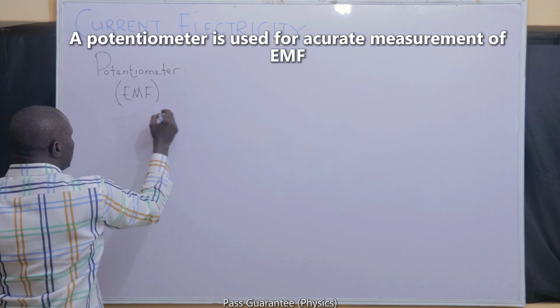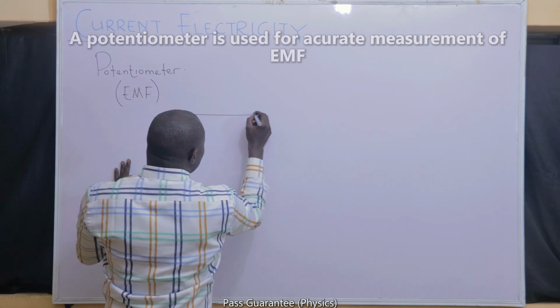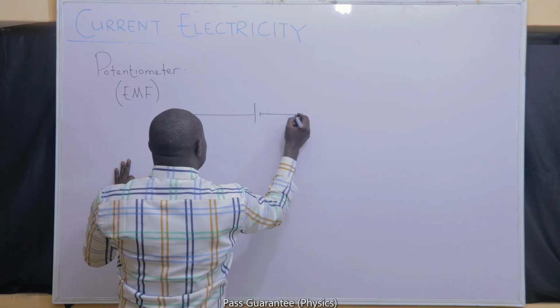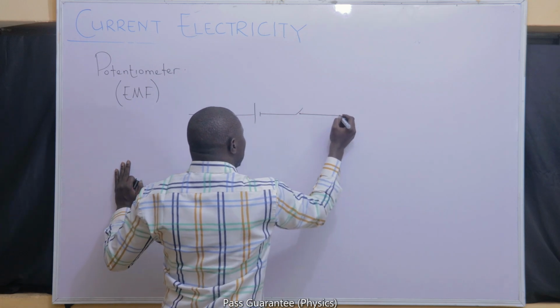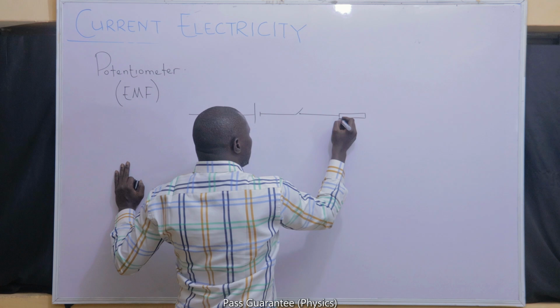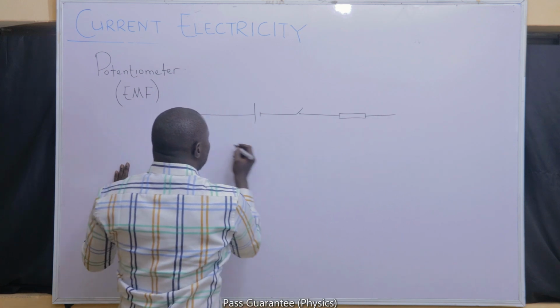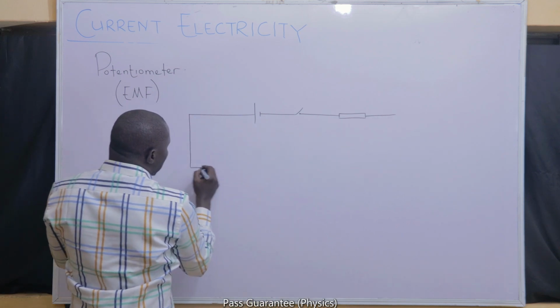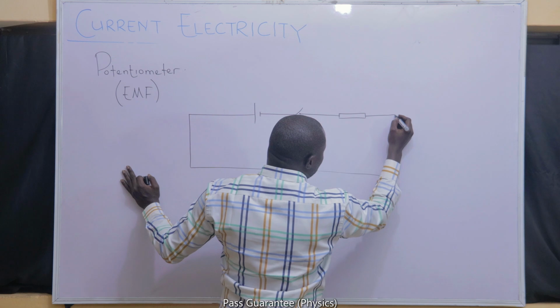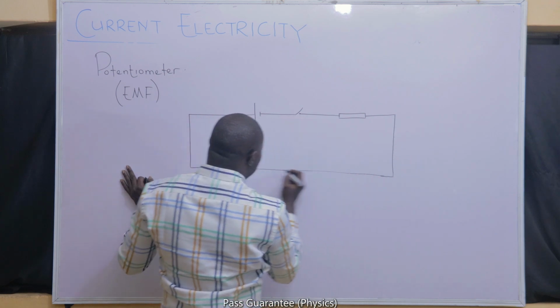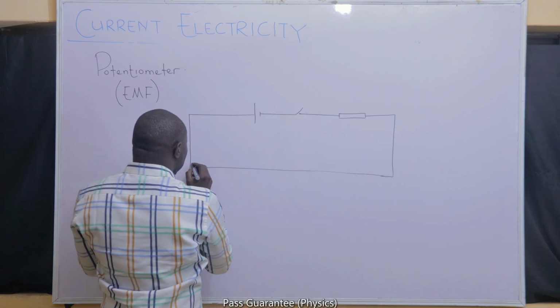We will set up a potentiometer circuit like what I showed you earlier. There will be a cell, there will be a key, and there will be a resistor. Then I will have the whole arrangement connected to a wire that is on a meter rule.